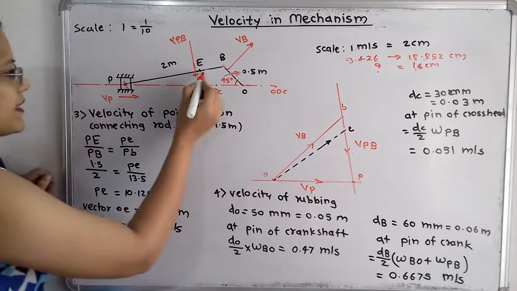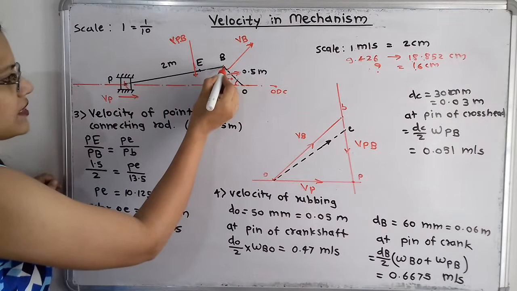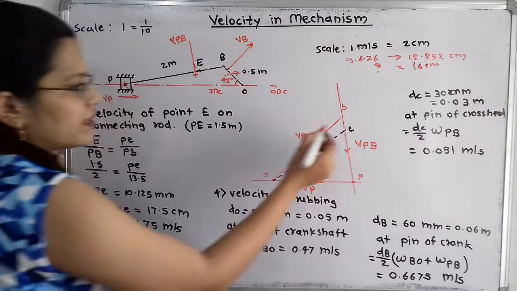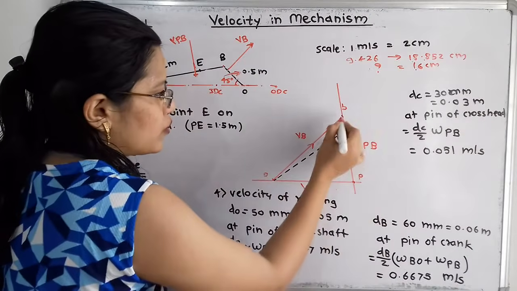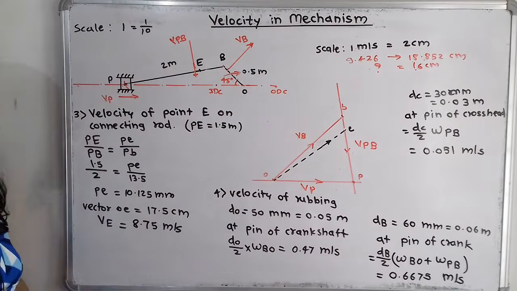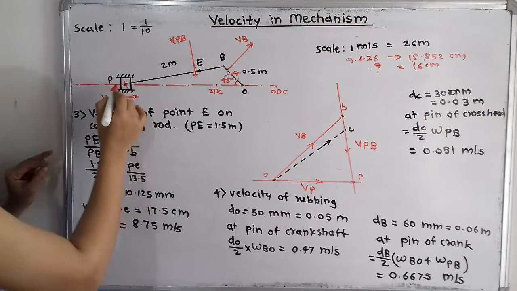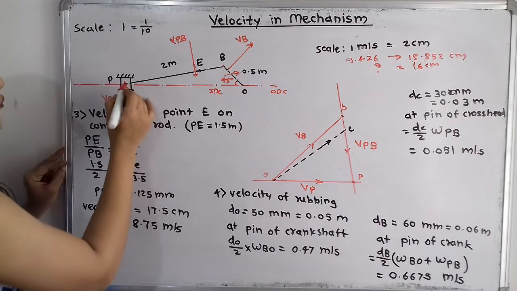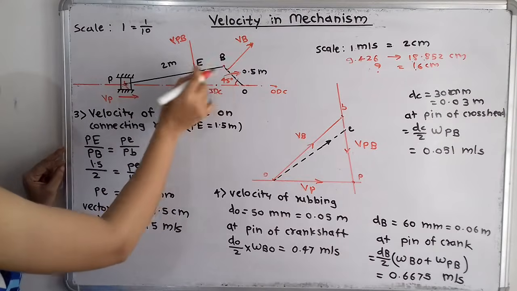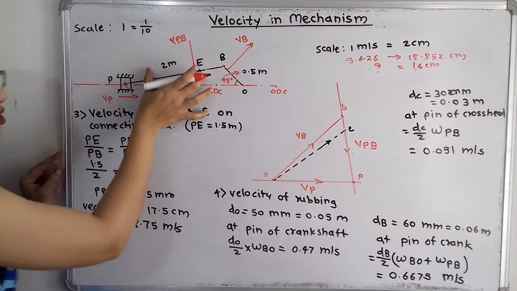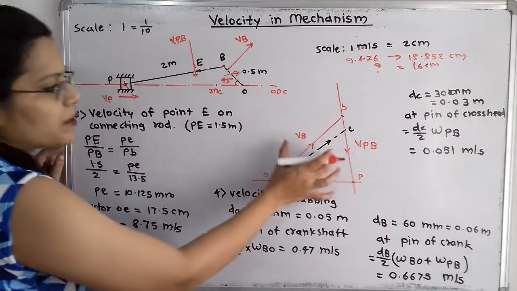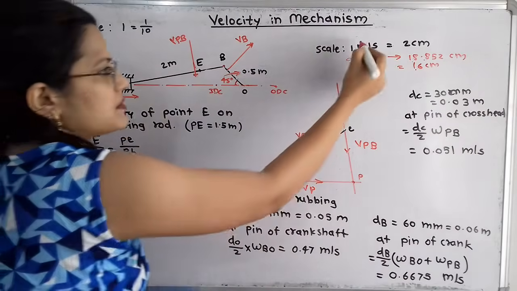This point E is on the connecting rod, that is on the link BP. So here is also the vector P to B, and here we have to locate the point E. How to locate it? If we observe the space diagram, we know the distance PE and we also know the distance PB. The space diagram is made in proportion, with some scale.